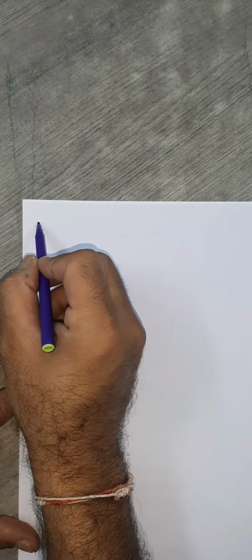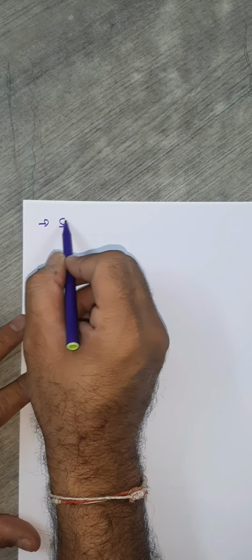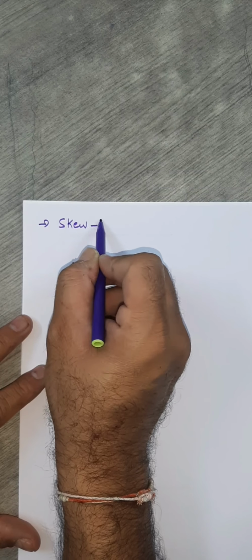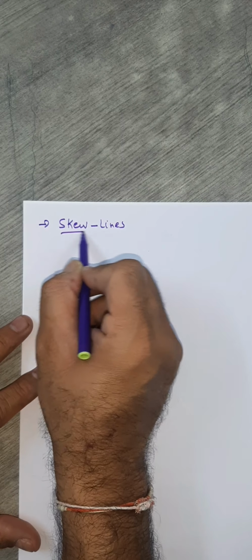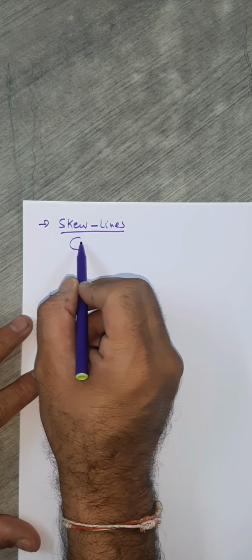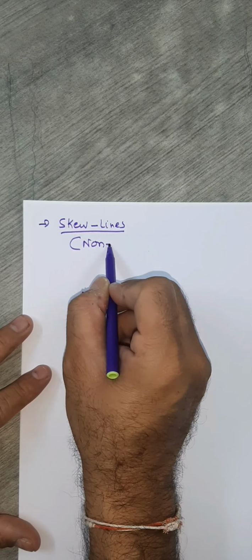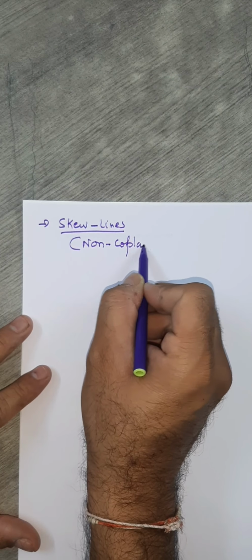Here is one more point about lines, which are sometimes called skew lines. Skew lines means lines which are in different planes, also sometimes called non-coplanar lines.